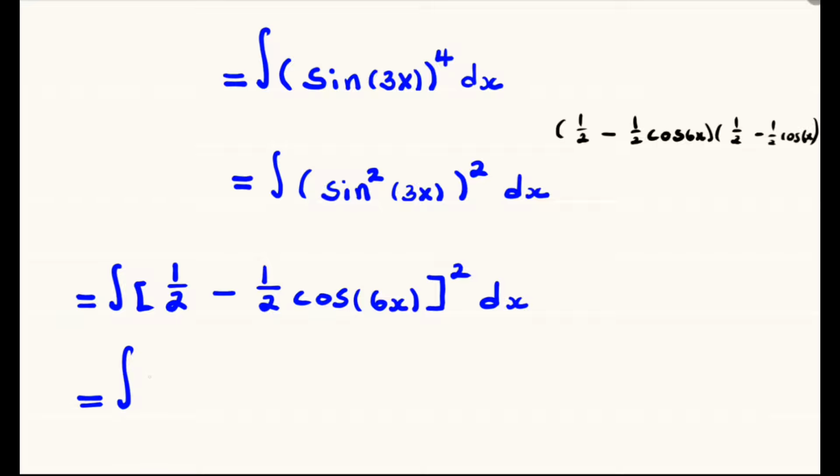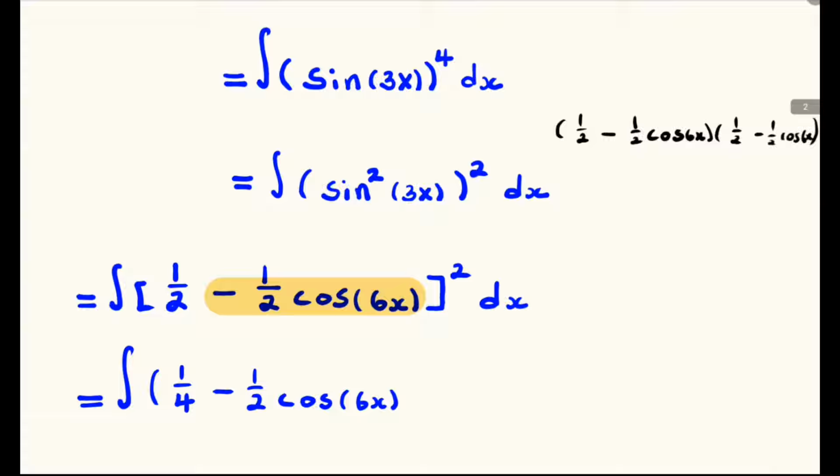we have the integral, so that half raised to the power 2, so that half squared will be equal 1 over 4, and that 2 multiplied by the half multiplied by negative half cos 6x will be equal a negative half multiplied by the cos of 6x, and the negative half cos 6x raised to the power 2 will be equal positive 1 over 4 multiplied by cos squared of 6x.